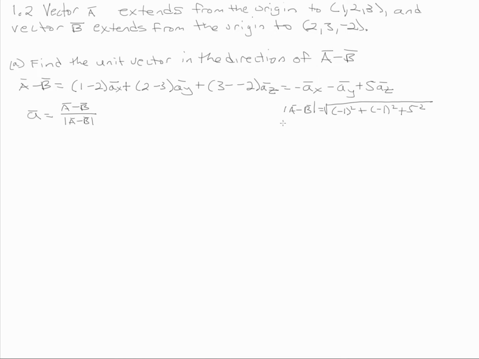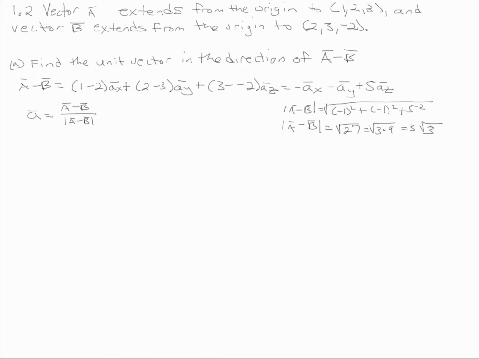Counting up, that's 25, 26, 27. The square root of 27, which is the square root of 3 times 9, which is equal to 3 times the square root of 3.